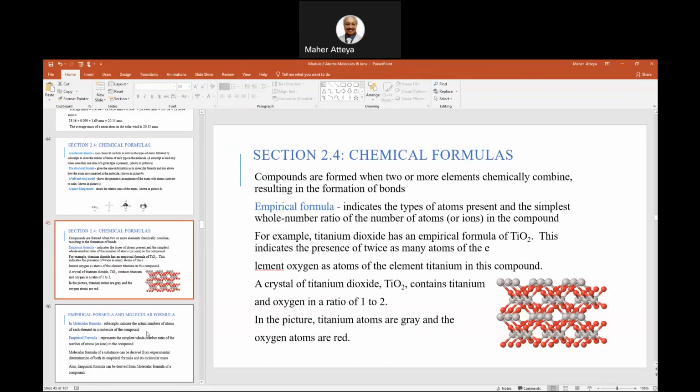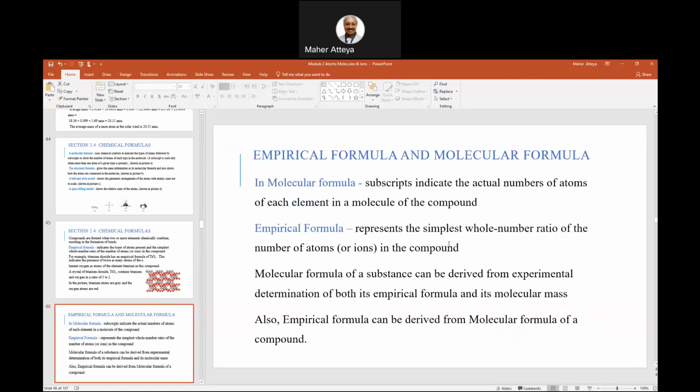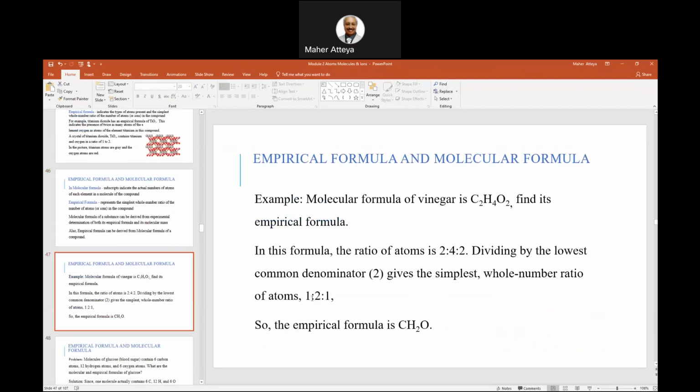Let me give you an example here. Vinegar has the molecular formula, the real one, C2H4O2. That's the ratio between carbon, hydrogen, and oxygen, 2 to 4 to 2.